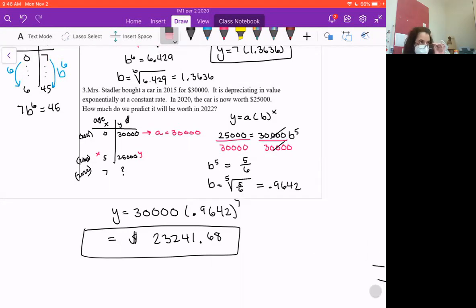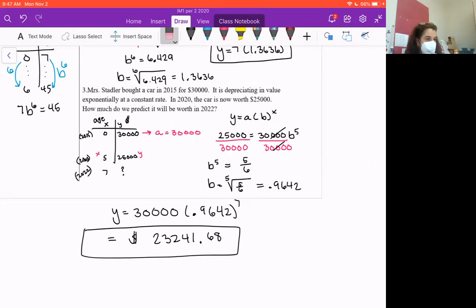Okay, so bottom line is, if you know the y-intercept, and today you will know the y-intercept, you can substitute it into the equation for A, and then if you know one other point, you can substitute that one other point for X and Y, and then you can solve for B. It will involve taking some type of root.